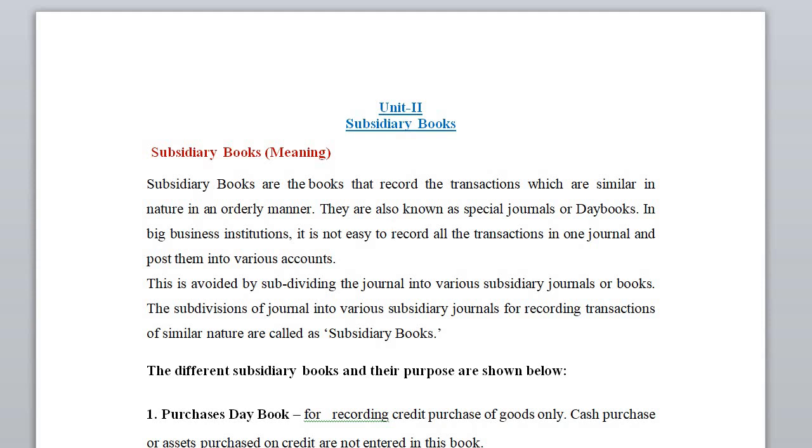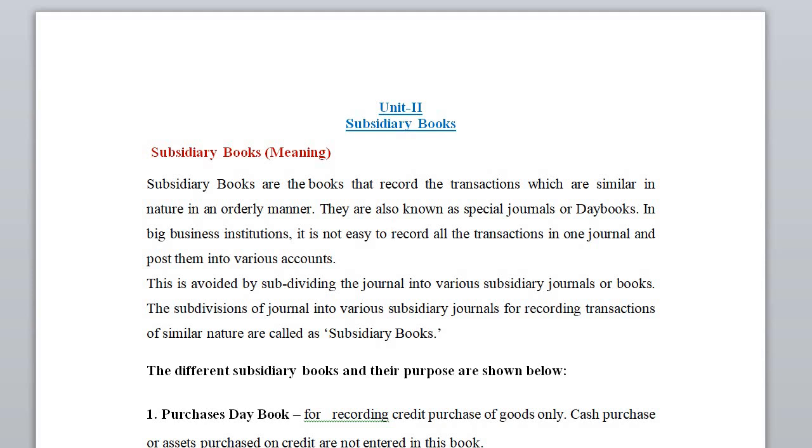The entries will be transferred from the journal to the ledger account. This process involves a lot of clerical work and is time consuming. In order to avoid this, in order to simplify this, the concept of subsidiary books was introduced.